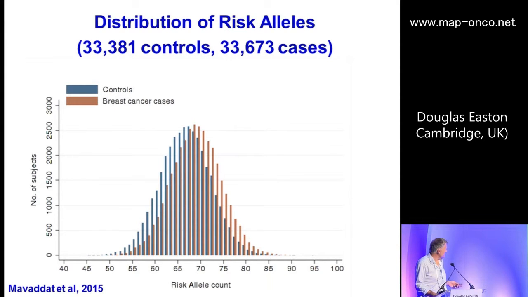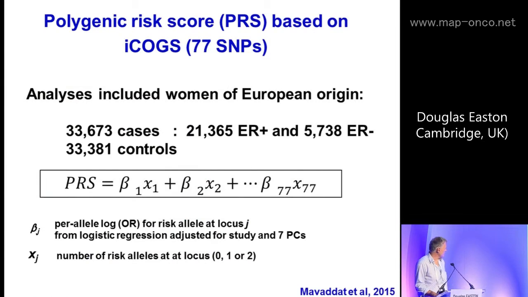And because these are risk variants, breast cancer cases, on average, have a higher number of variants, so you've got a distribution which is shifted to the right. The extent to which it's shifted to the right is a measure of how predictive these SNPs are in terms of risk prediction. You can put that together mathematically by essentially adding the effects of the variants together to form what's called a polygenic risk score. And we've tested that on both the iCOGS and the OncoArray data sets.